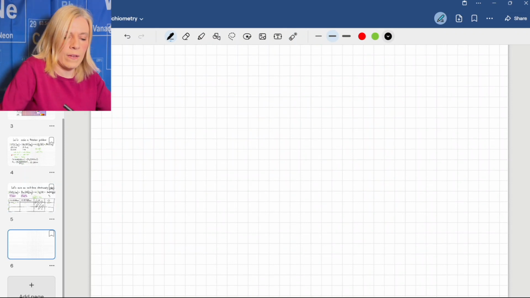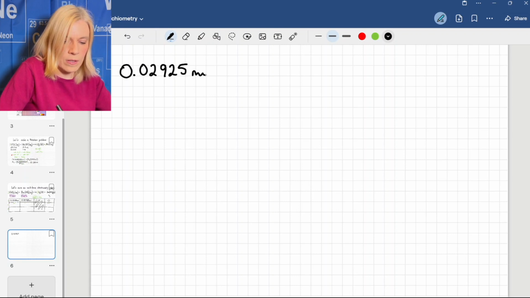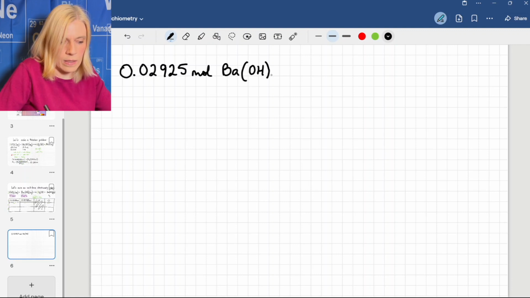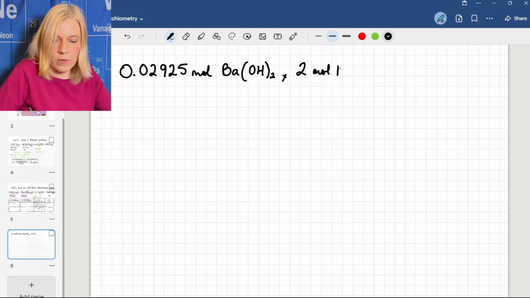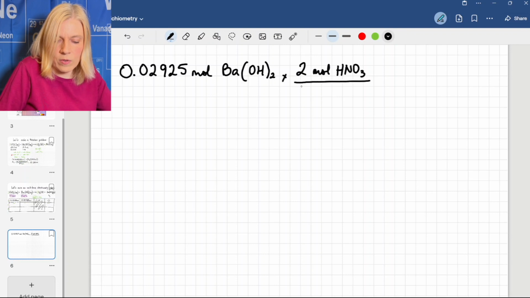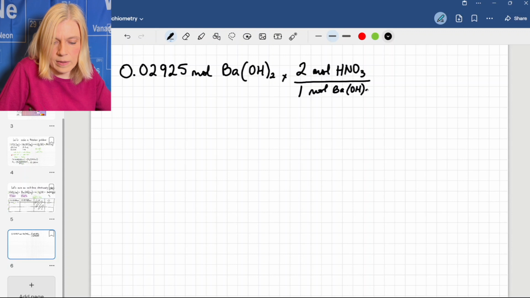If I start with 0.02925 moles of my base, I need 2 moles of acid, yes, stoichiometry, for every 1 mole of my barium hydroxide.